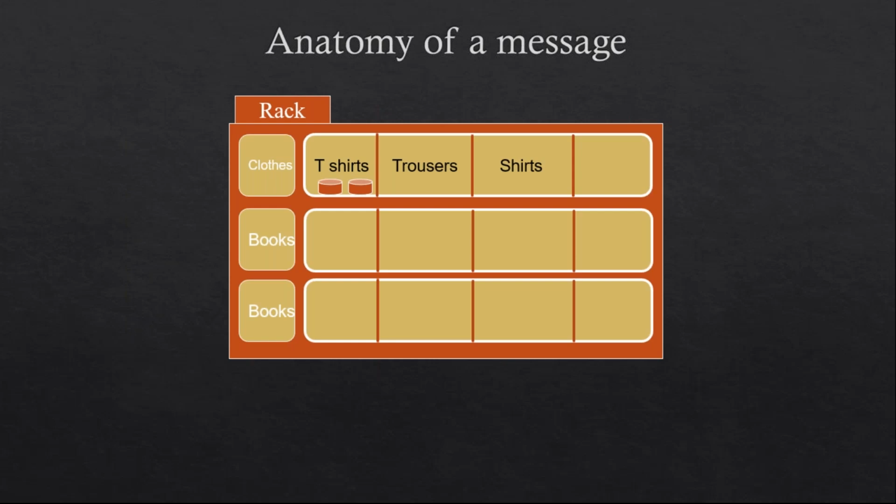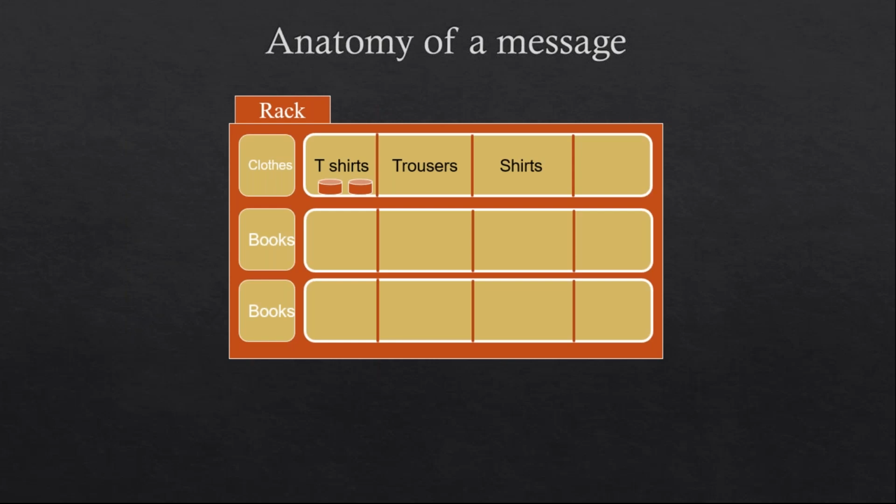Now he calls the other person who is at home and tells him, hey, can you get me that t-shirt? The second person who is at home will grab the t-shirt which is present in the first compartment of the first rack, and will go and give it to the person who is outside.